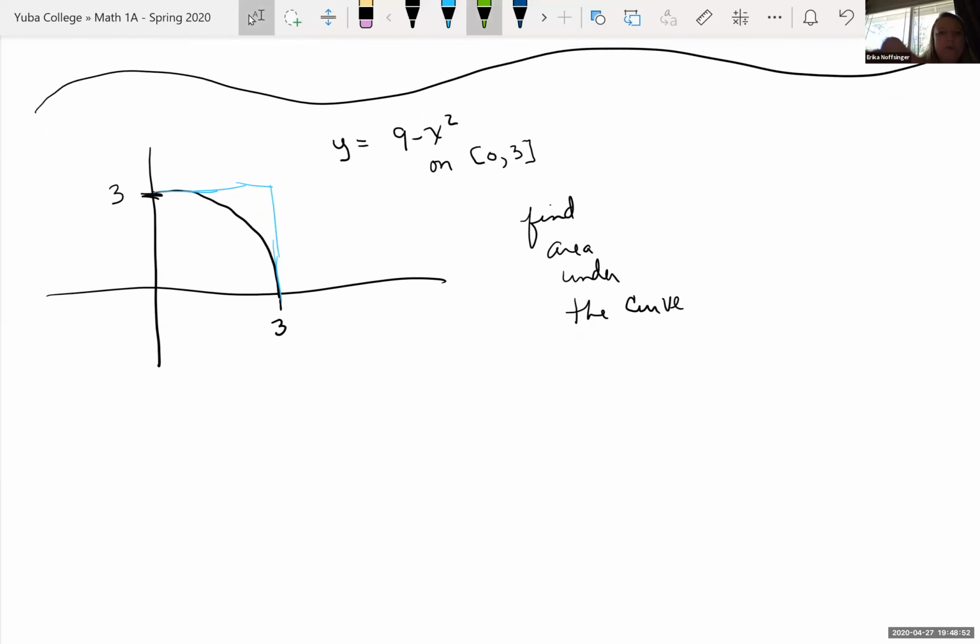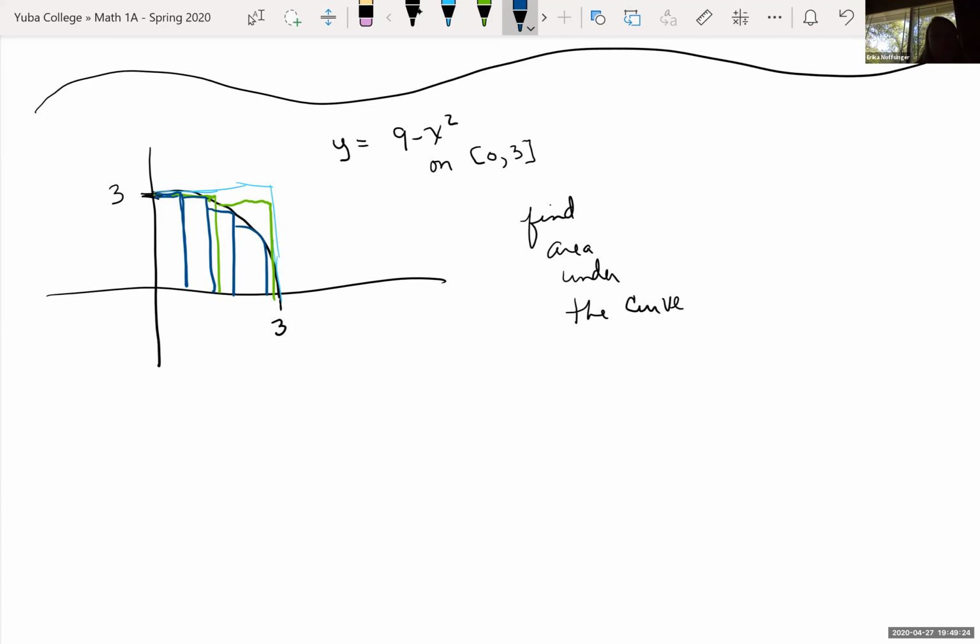But notice if I then break it down into 2 different rectangles, so maybe here to here, and then here to here, this would give me a better estimate. But if I decide to do 4 rectangles instead, maybe like this, this, and this.